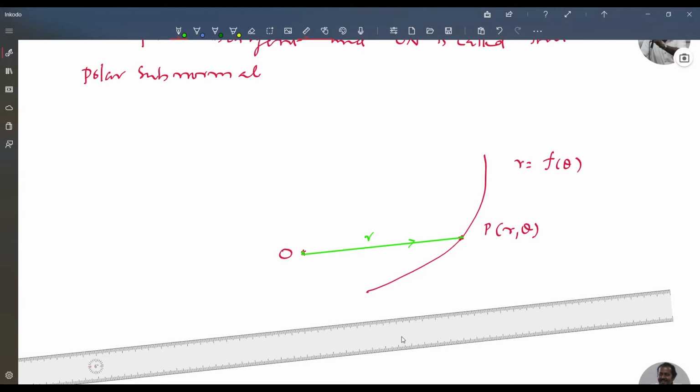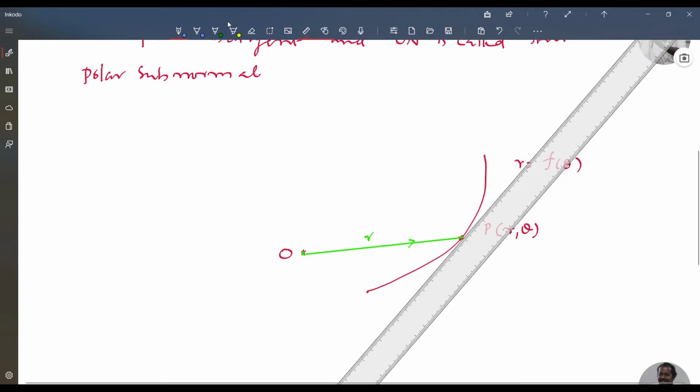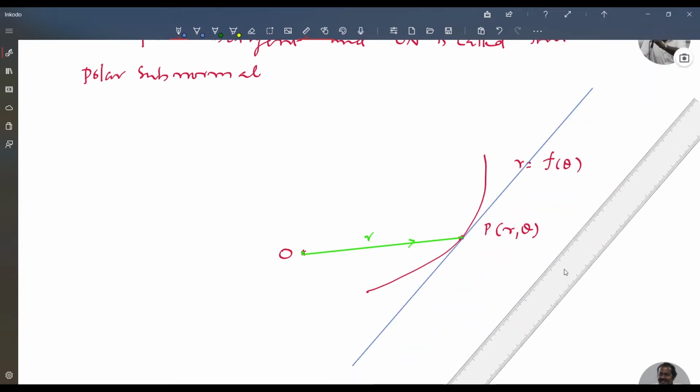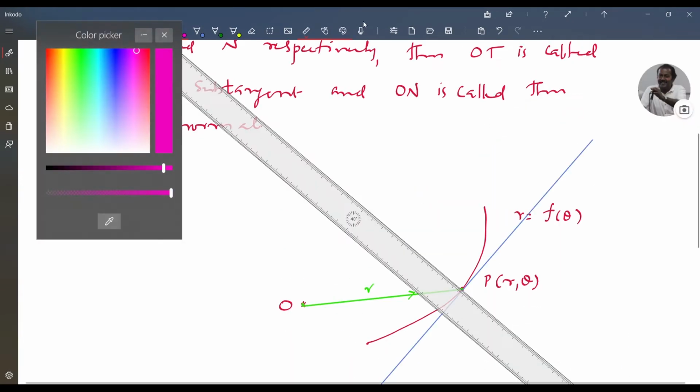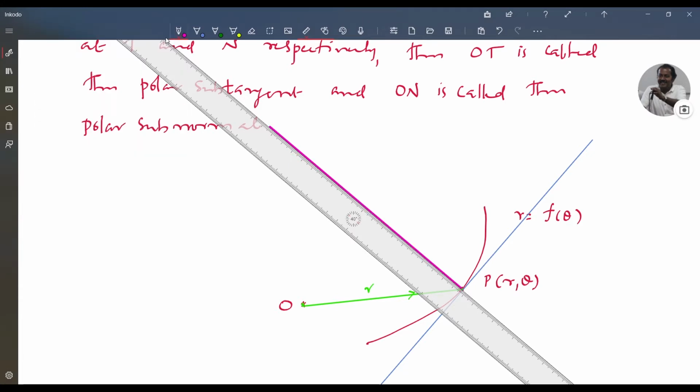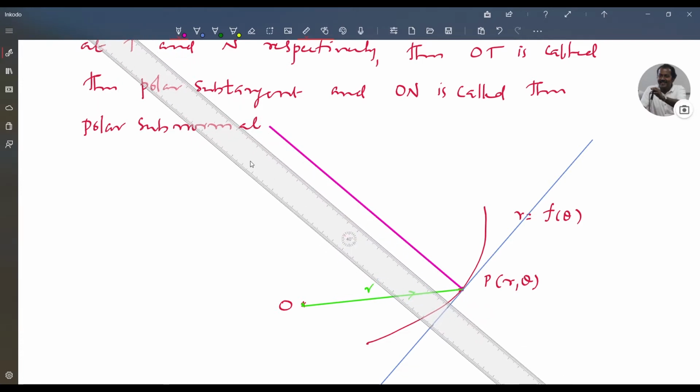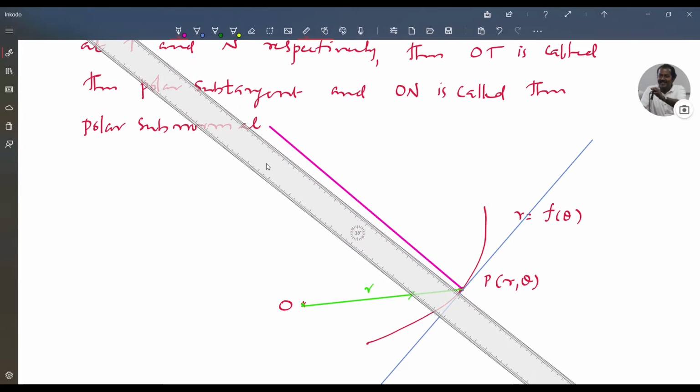Now you consider the tangent and normal at P. This is the tangent at P and this is the normal at P. The normal actually extends to both sides of P, but we require this much part.